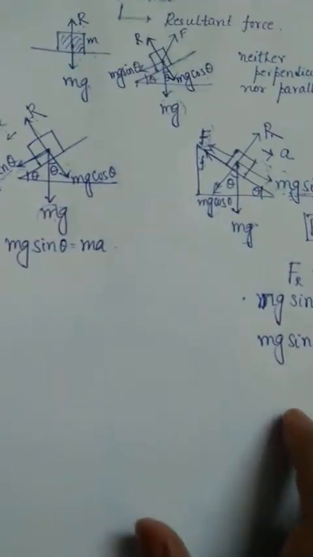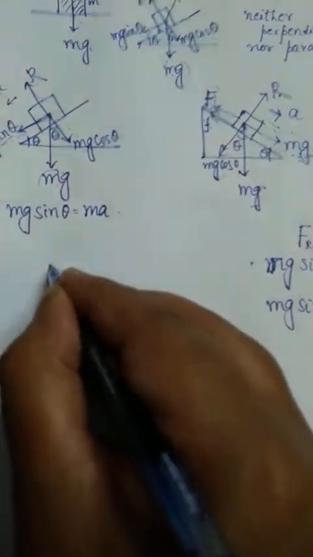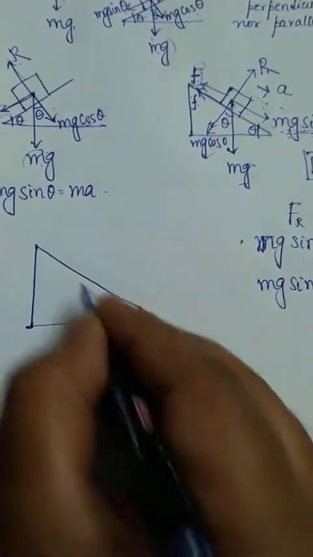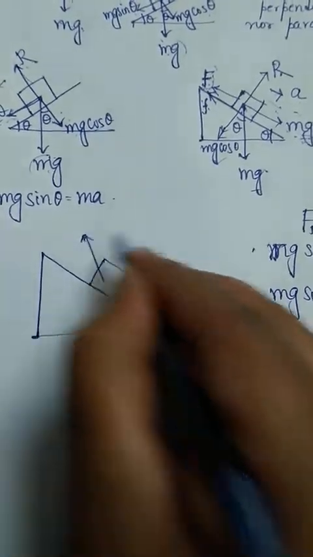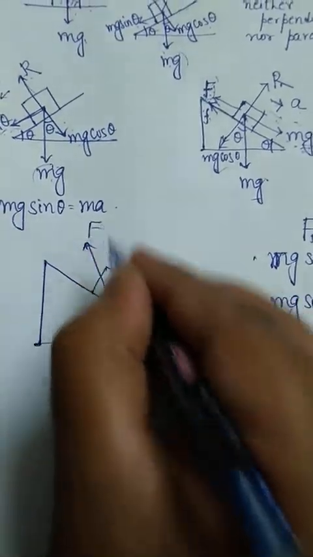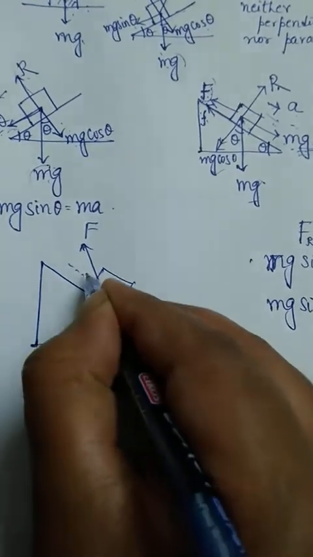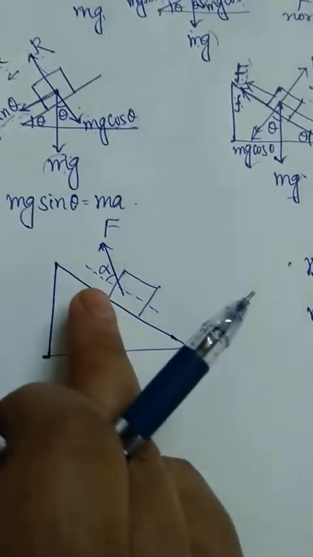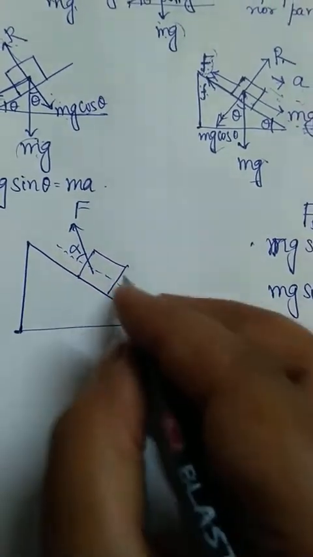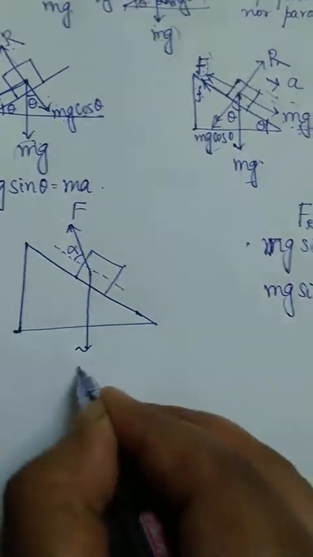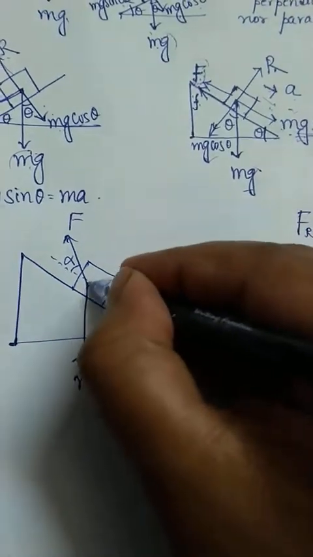Any type of force, any type of figure you can handle from here. Let's say one force is acting along this direction, making an angle alpha with the horizontal. This is a very common case. Nothing to think: mg will act along this direction, R will act along this direction.